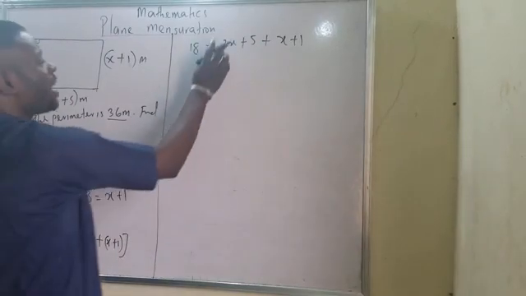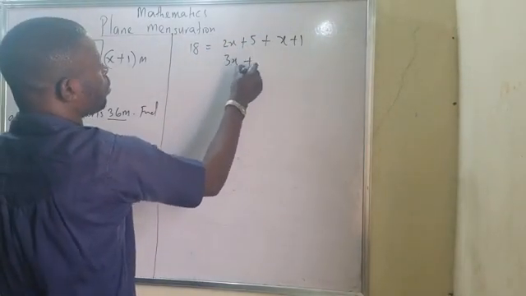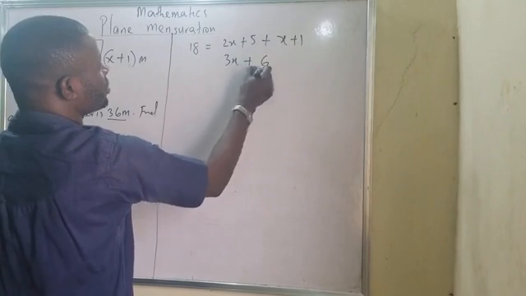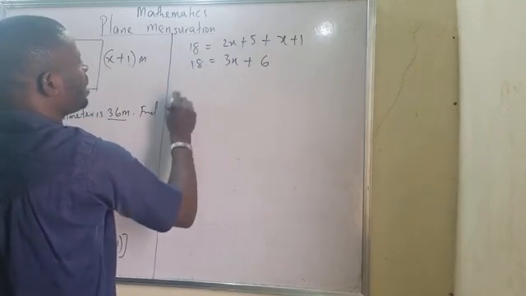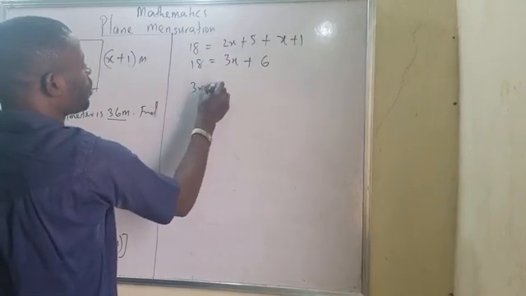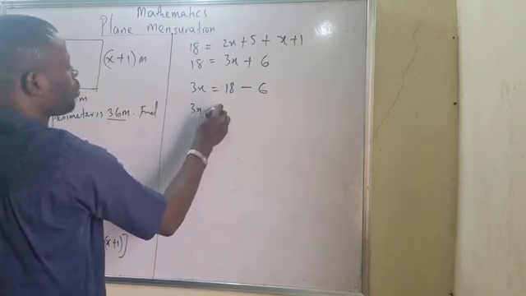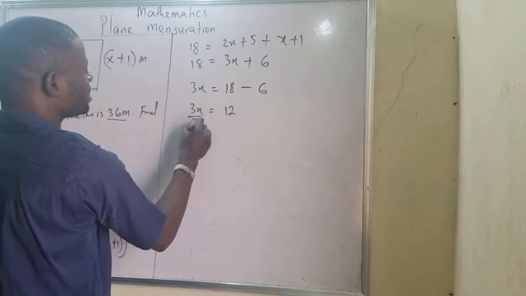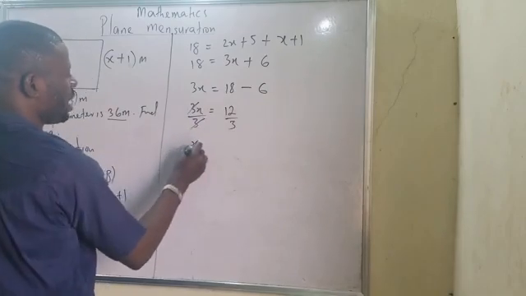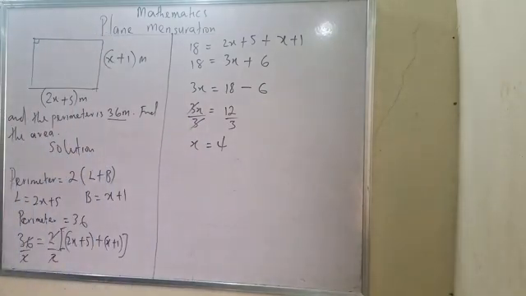Now, it means I'll be having 3x plus 6 equals 18. Now, I have 3x equals 18 minus 6, which is 3x equals 12. So x equals 4. The value of x equals 4.